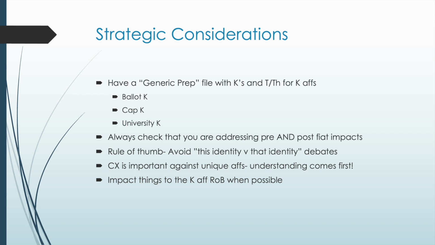The staple things that I think every general prep file should have are a ballot K, a cap K, and a university K. And then from there you can get creative, like digging into some postmodernism and criticisms that exist there, and getting into the weeds with individual methods and individual schools of K literature, like optimism against pessimism arguments or pessimism against optimism arguments, and stuff like that. But everybody that has the risk of debating against the K Aff should have this generic prep file made.